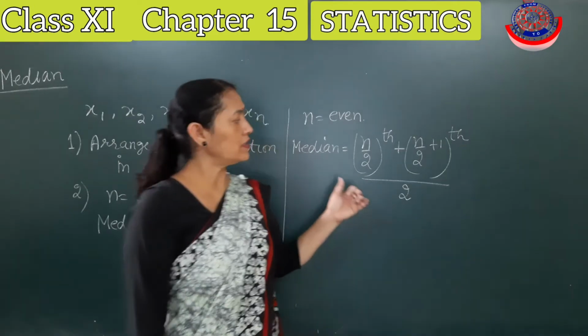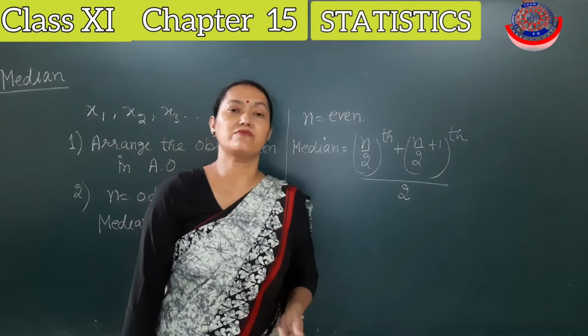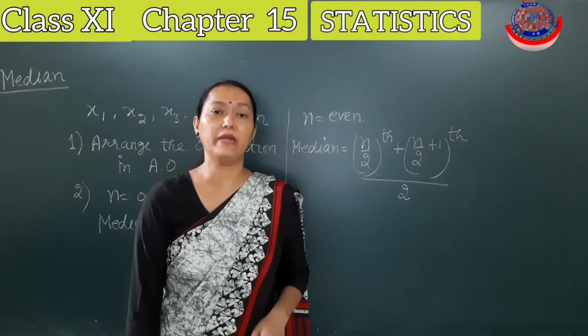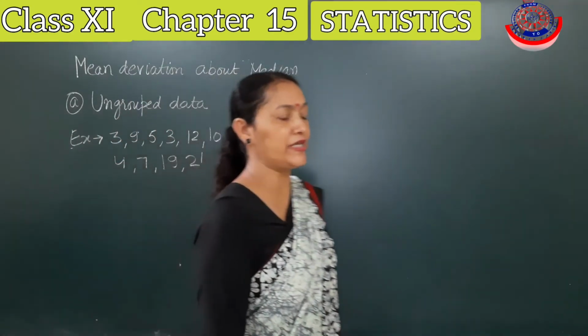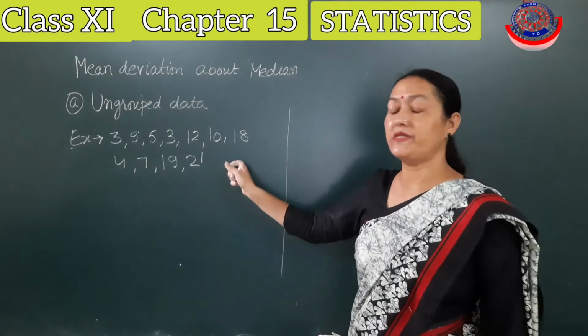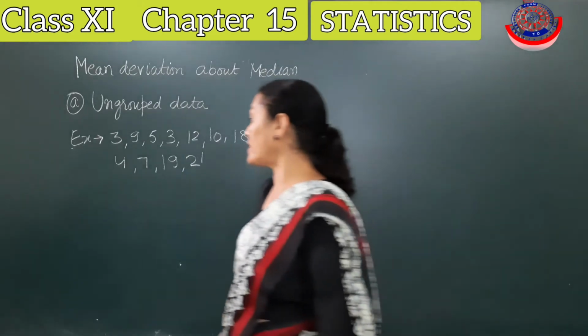So all this we have done in the previous class. Now in 11th class, we will be learning how to calculate mean deviation about median. The first example I have taken is where we will be calculating mean deviation about median for ungrouped data. First of all, we will be arranging the terms in ascending order.